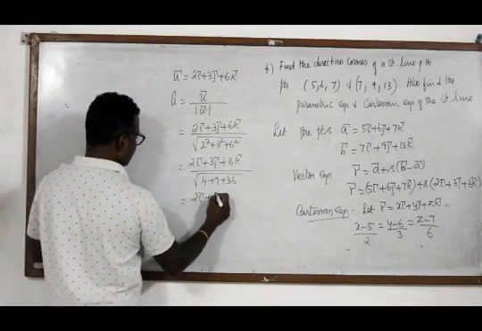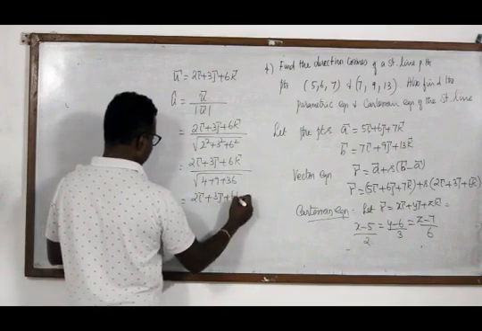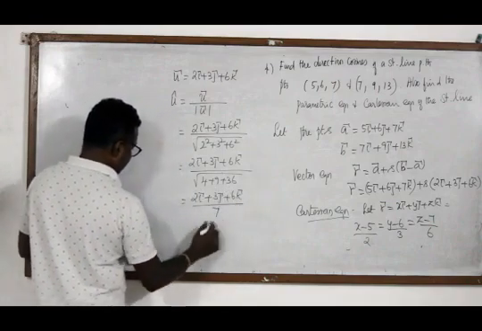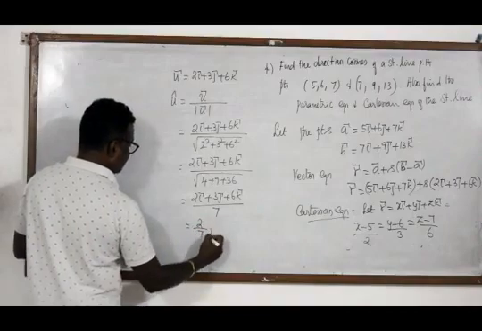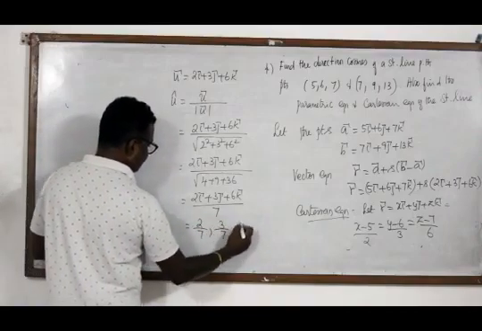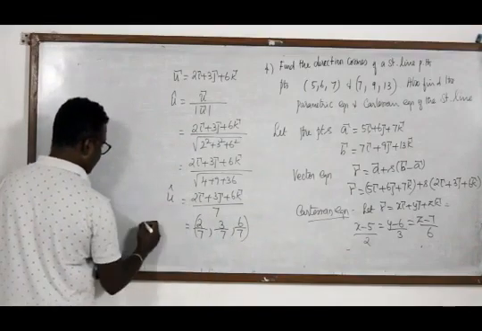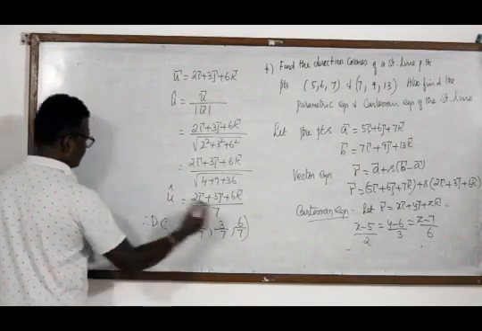So it is 2i plus 3j plus 6k by 7, that is 2 by 7, 3 by 7, 6 by 7. This is u cap. Therefore, the direction cosine is this.